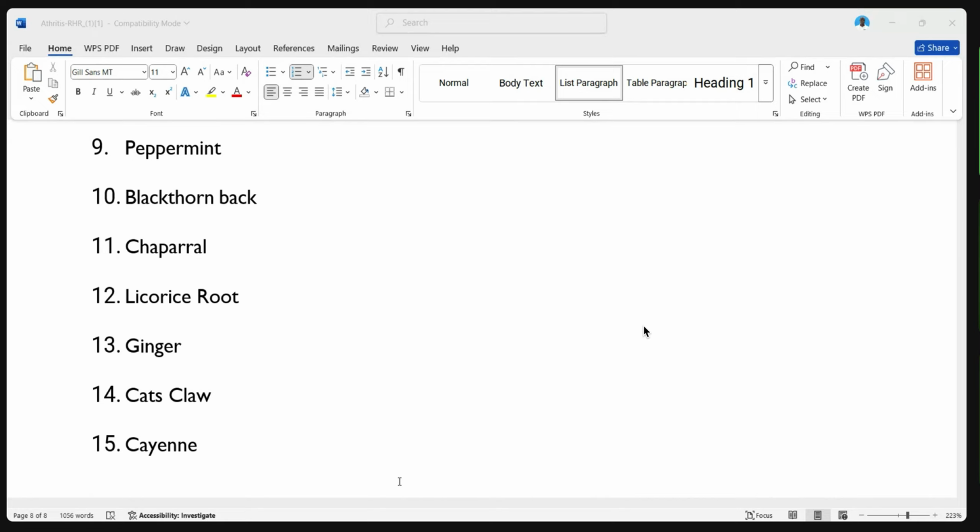Tulisema unatengeneza herbal formula for arthritis, and you just mix all of them, of course in different ratios. But sikuwa nataka kuwapea ratios because nimewapea priorities. I mean, nimewapea priorities in every case.